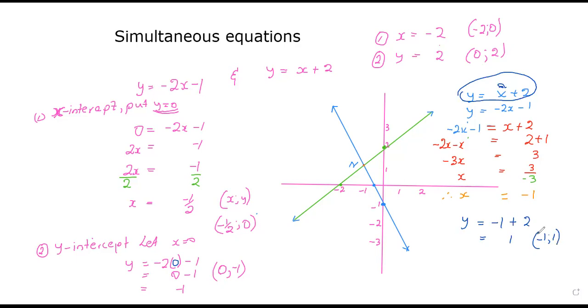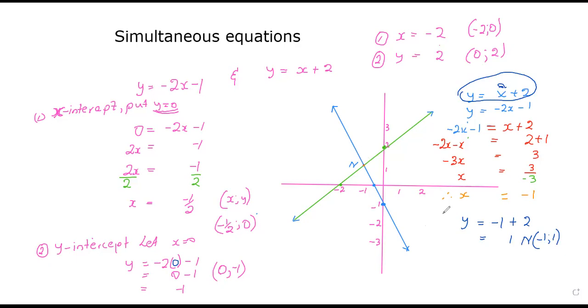Now, this coordinate here, N, satisfies this blue function here and that blue function at the same time, simultaneously. What do you mean when you say the coordinate N satisfies both functions at point N?